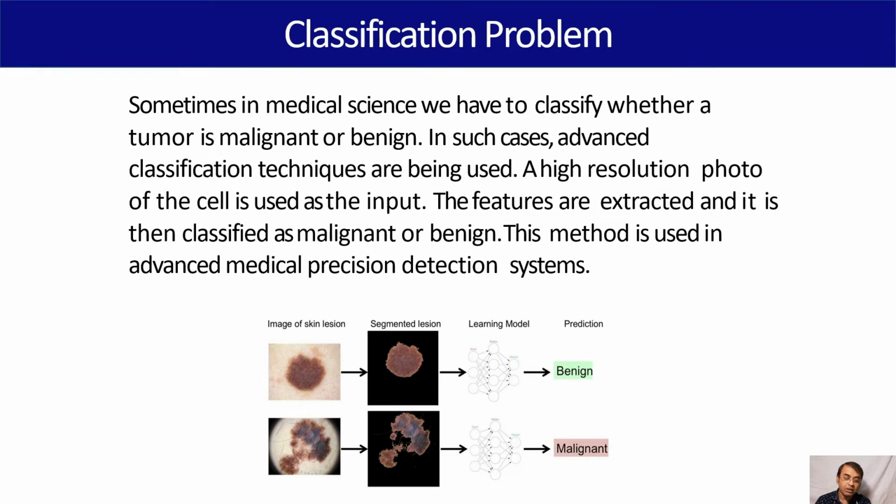This method is used in advanced medical precision detection systems. Guys, you can see the pictures. One is the benign tumor picture, another one is the malignant tumor picture. So the classifier model can detect whether it is benign or malignant. That is basically classification, a very common classification problem.